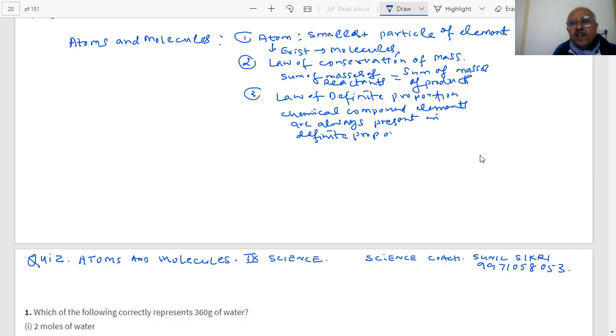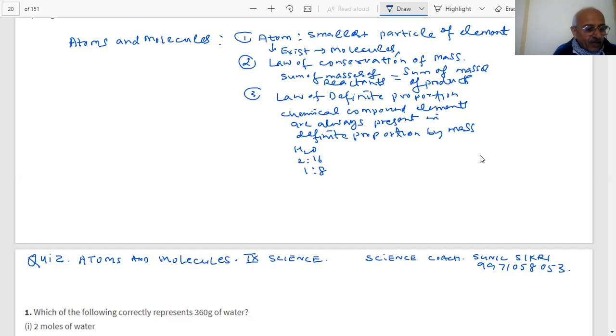Very good answer. So if I write H2O, with 2 is to 16, the proportion of mass is 1 is to 8. So the mass proportion is always in the ratio of 1 is to 8.